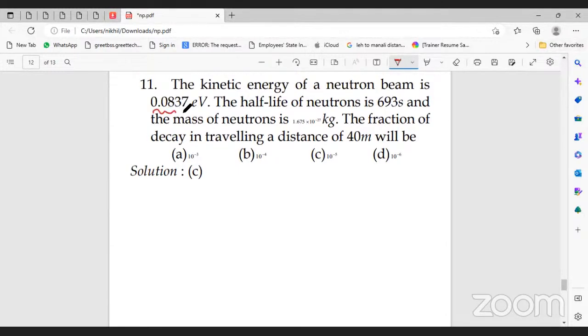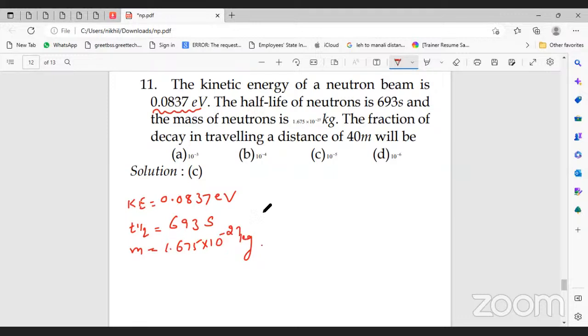The kinetic energy of the neutron beam is given, that is 0.0837 electron volt. The half-life of this neutron is 693 seconds. The mass of the neutron is 1.675 into 10 power minus 27 kg.